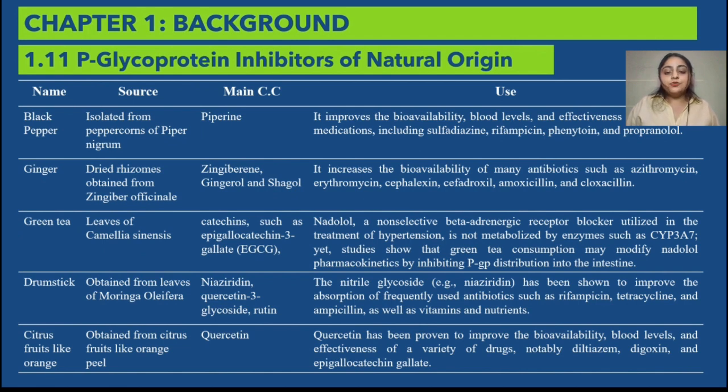Then the next comes drumstick, which has increased the bioavailability of many drugs like rifampicin, tetracycline, and ampicillin. Then citrus fruits like orange, where the main constituent is quercetin. It has also improved the efficacy of many drugs, that is diltiazem, digoxin, and epigallocatechin gallate.